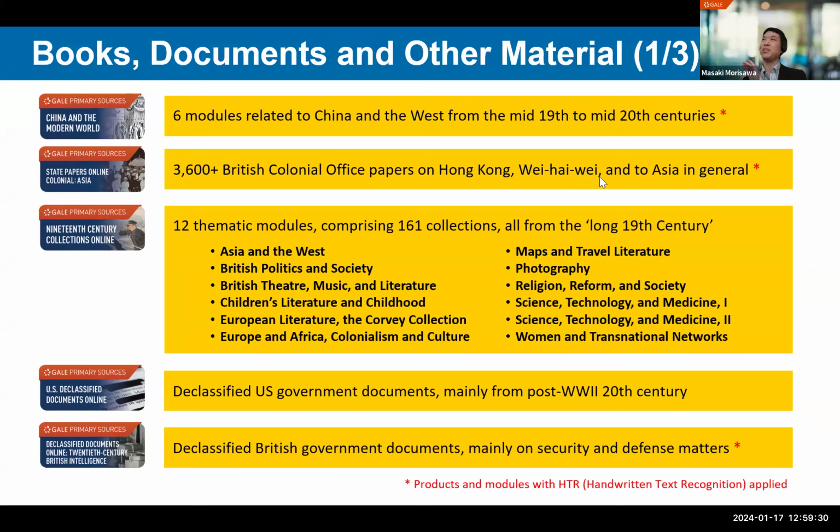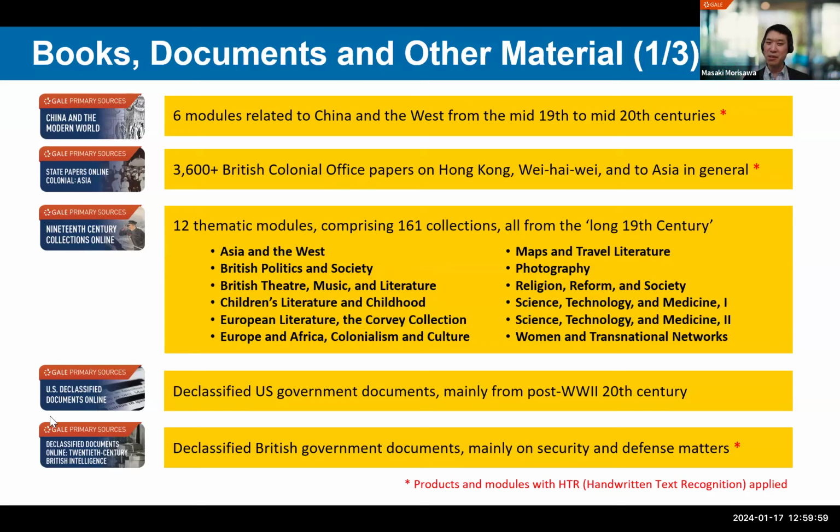In fact, we just released a second module to this, which covers Singapore and Malaysia, and East Malaysia is coming soon, I hope. And then we have 19th century collections online, which is a gigantic archive, which in turn contains 12 thematic modules, all from the long 19th century. And one of the modules is specifically about Asia. So this one might be interesting to many of you.